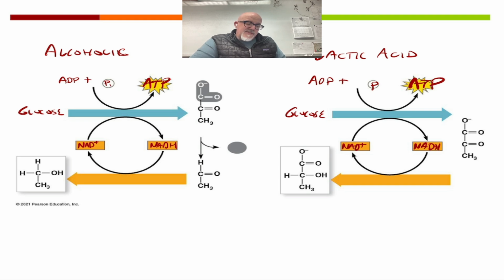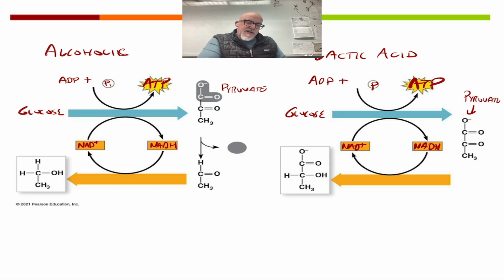Now, here's where the difference comes in. This part here, taking glucose, putting in some ADP to make a little bit of ATP, we get this and this. They're exactly the same. This is your pyruvate, right? As is this over here.